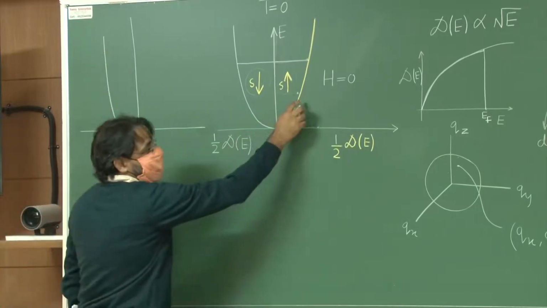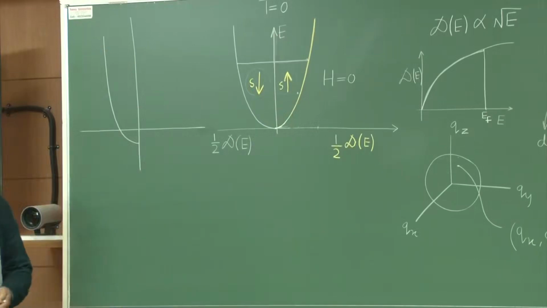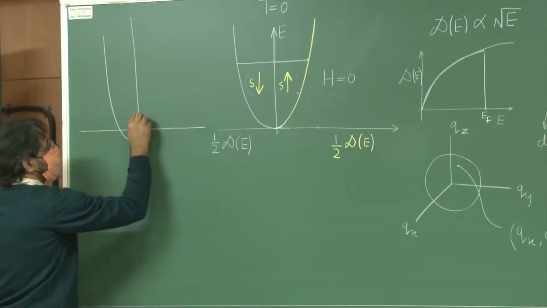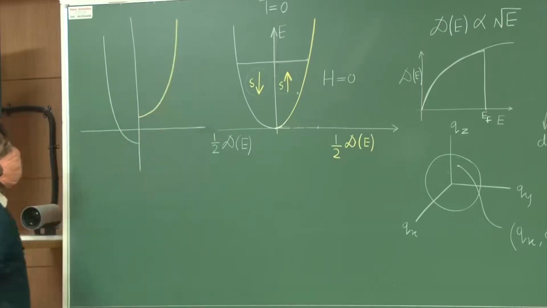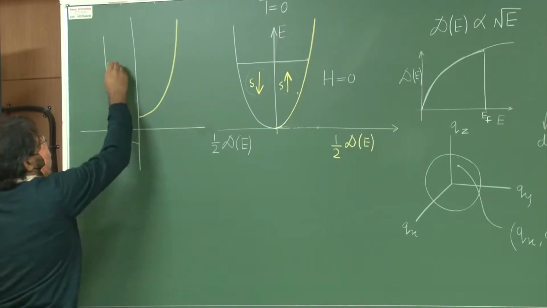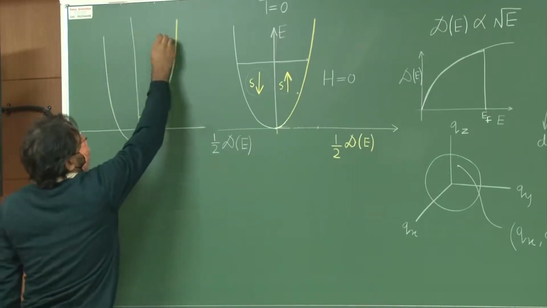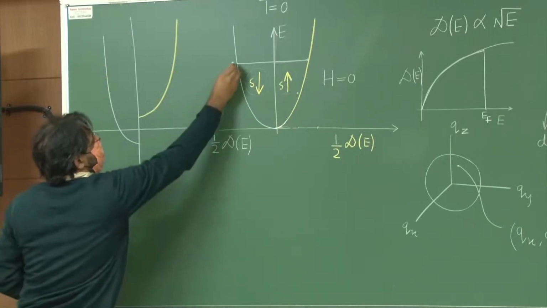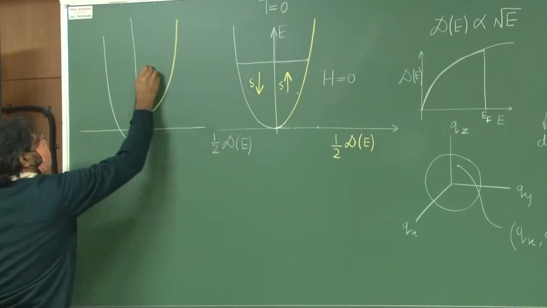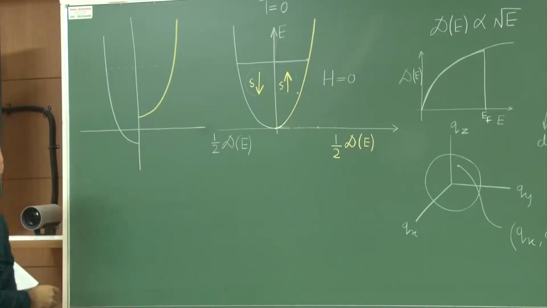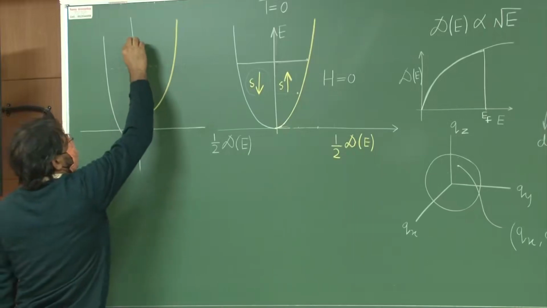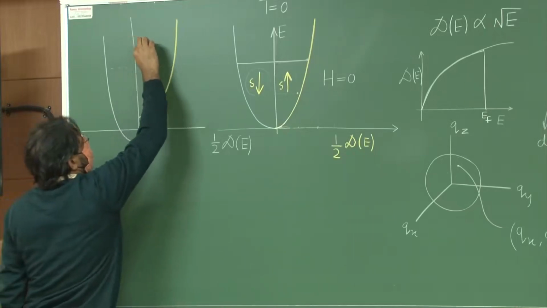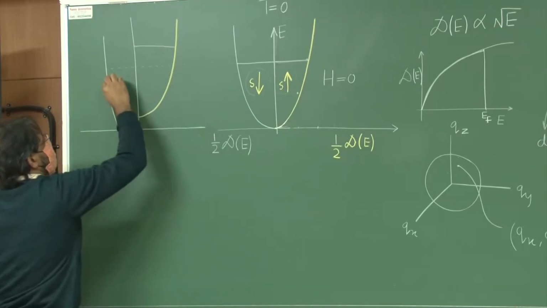On the other hand, these guys, their energy is going to go up by the same amount. All right. So, you will have now, this was your Fermi energy, and now what has happened is that you have this guy coming here and this guy coming here.